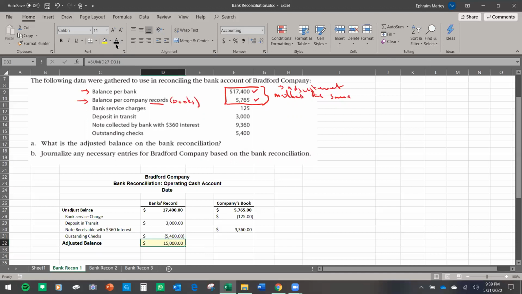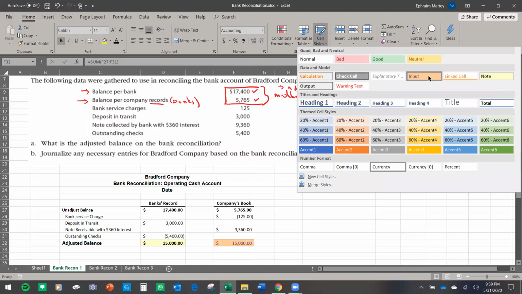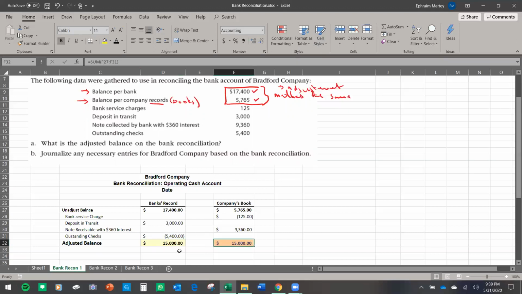And that is the bank side. Let's do my books and see if everything will be the same. Okay, I have the same amount. So that is how I reconcile. So I know I have reconciled my books. We have 15,000 on the bank's side and 50,000 on my books. So we are okay. No fight. Everything is okay.